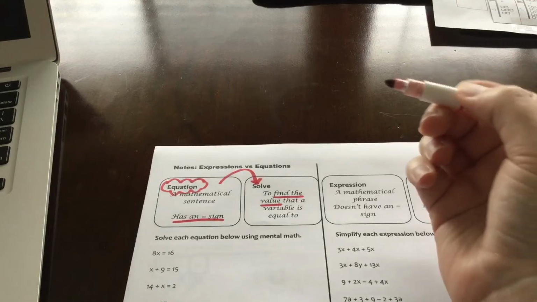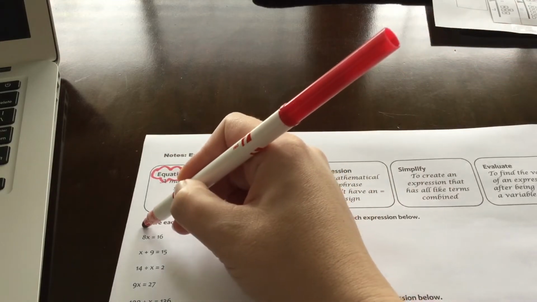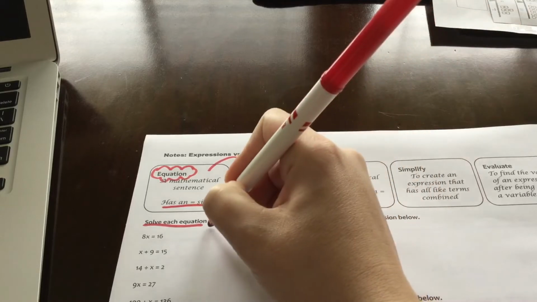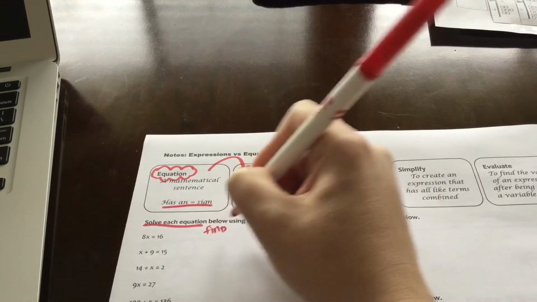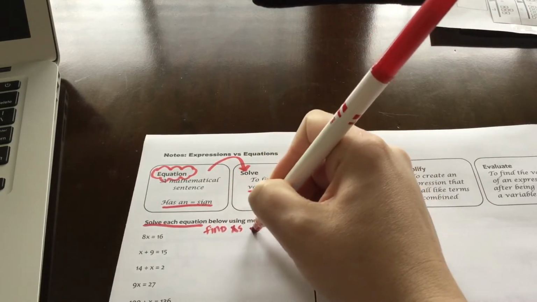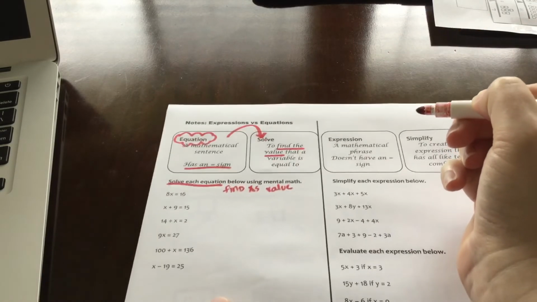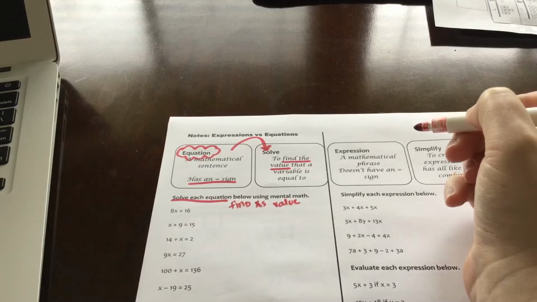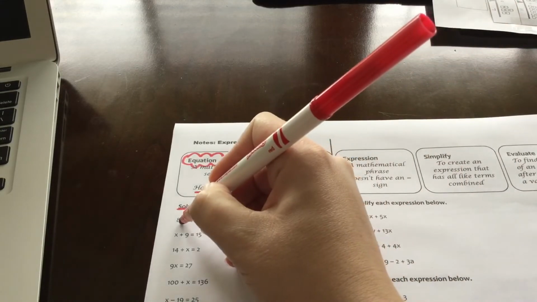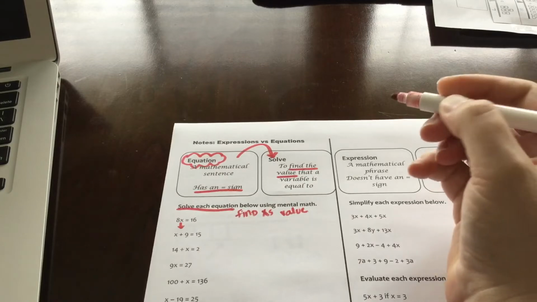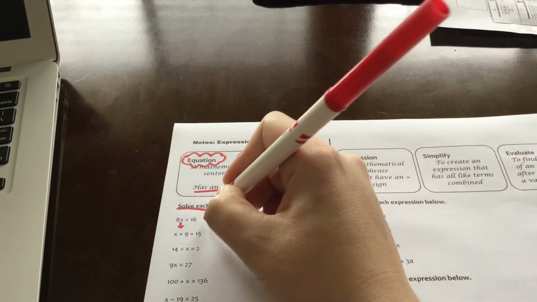So when you see a direction and the direction says solve each equation, solve each equation means find x's value. For instance, 8x equals 16. Think 8 times something equals 16.